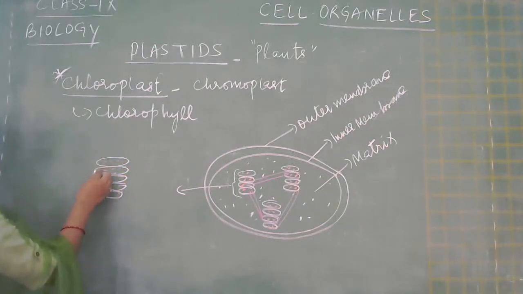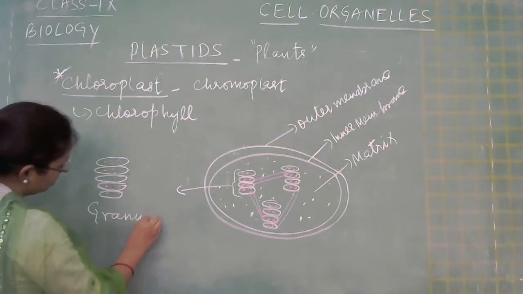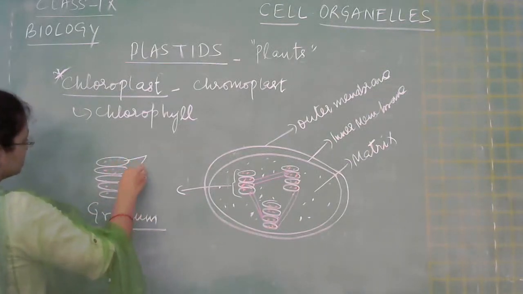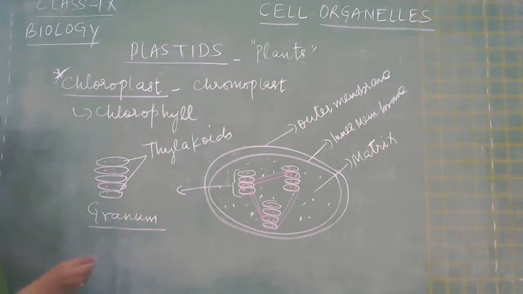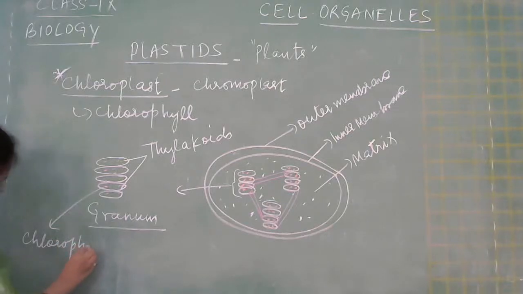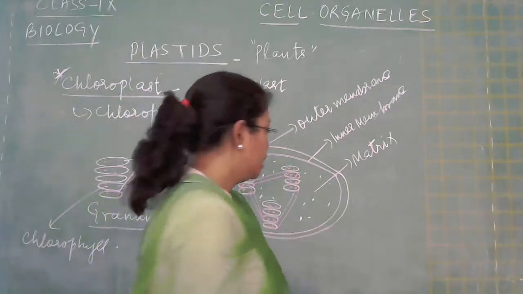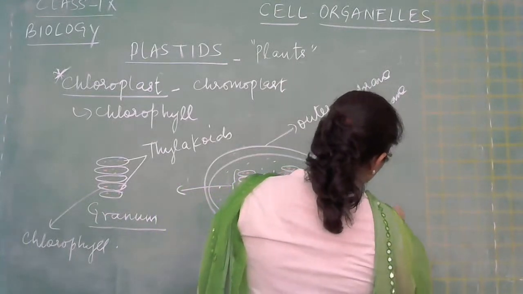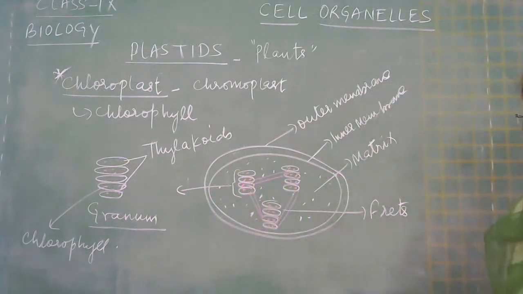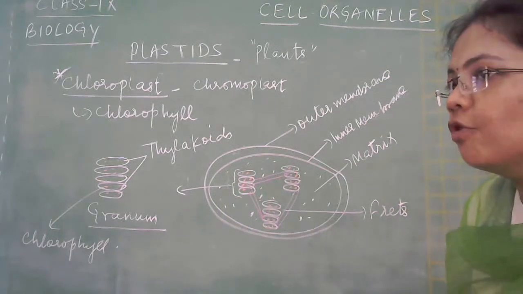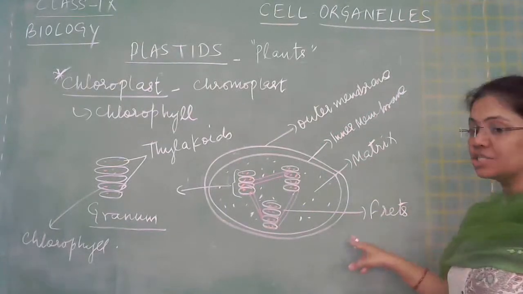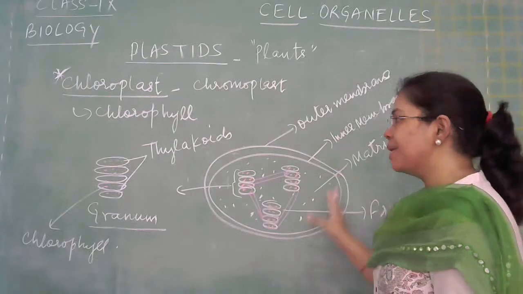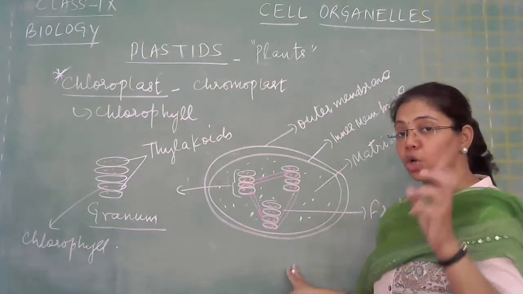So this is called a granum, and these are called thylakoids, right? And this is called chlorophyll. And these are called threads. Okay, so that is the diagram for understanding the structure of chloroplast.